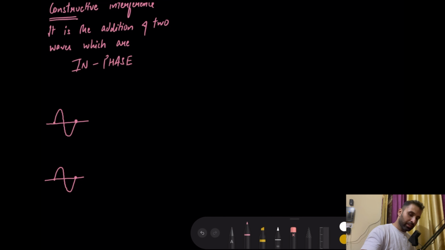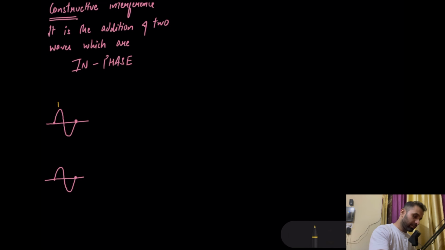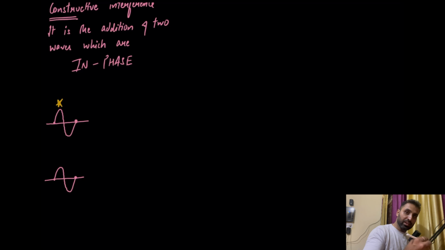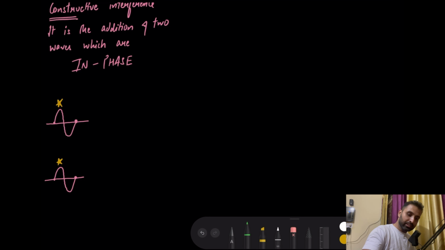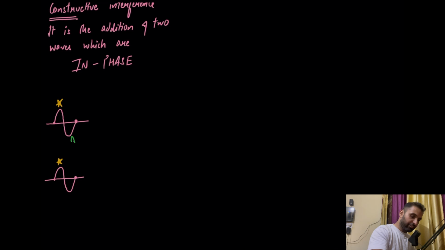Here you can easily see that the crest of the first wave is overlapping with the crest of the second wave, and the trough of the first wave is overlapping with the trough of the second wave. So it's in phase.